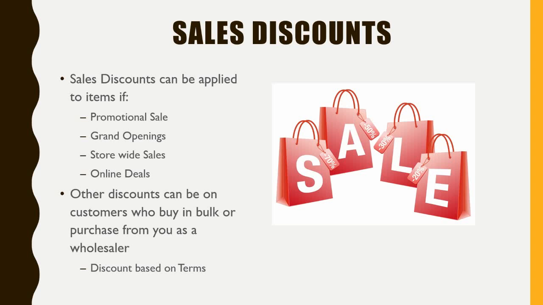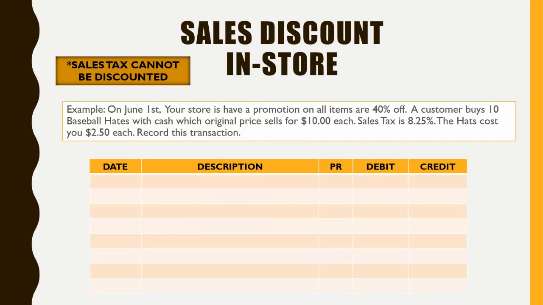So what we're going to be looking at is two different options. We're going to look at the first one, which is an in-store sale. So in this case, here we go. Example for June 1st, your store is having a promotion where all items are 40% off.